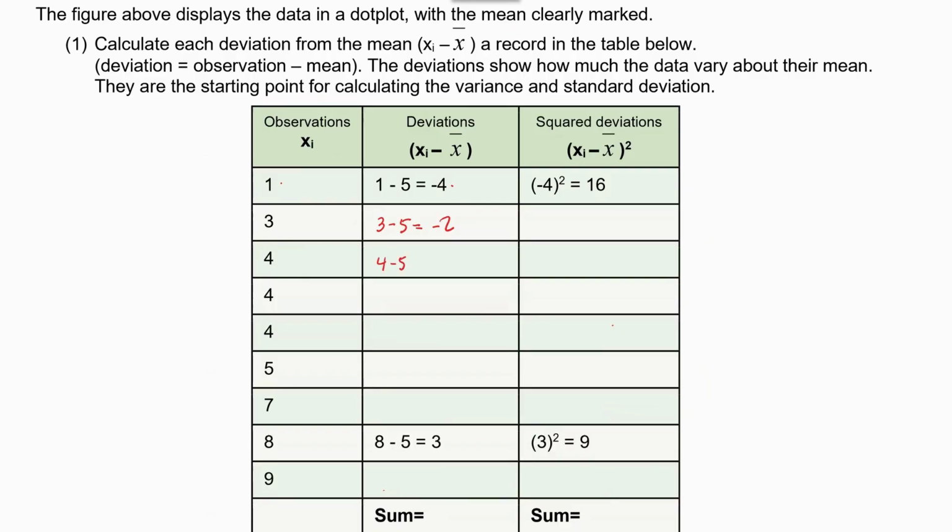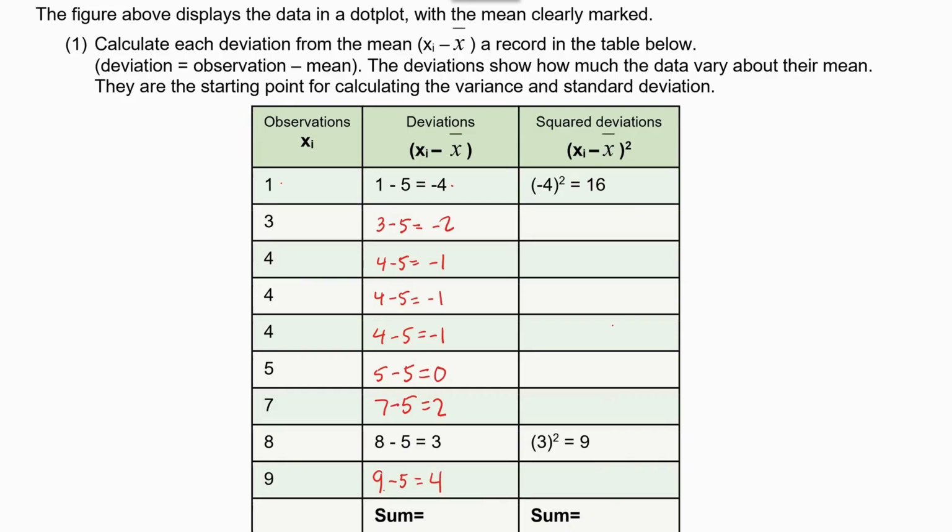Someone with 4 pets is 1 below the mean. Someone with 5 pets doesn't deviate from the mean at all. Their deviation is 0. 7 pets is 2 above the mean. And 9 pets is 4 above the mean.